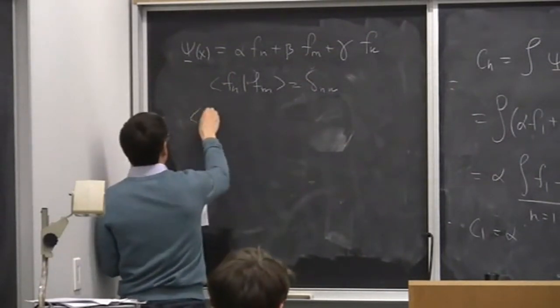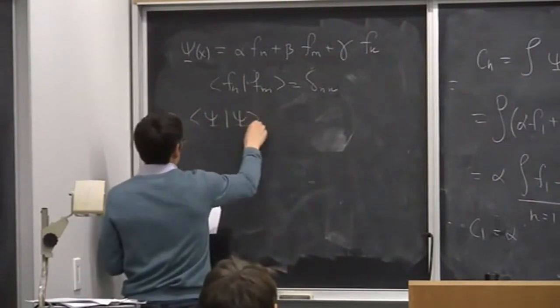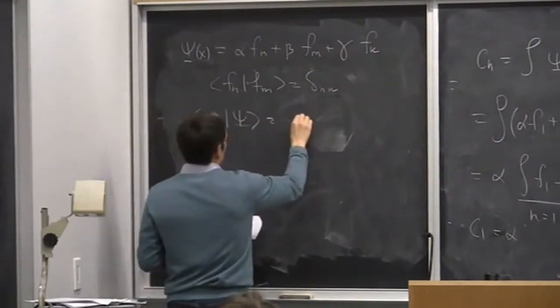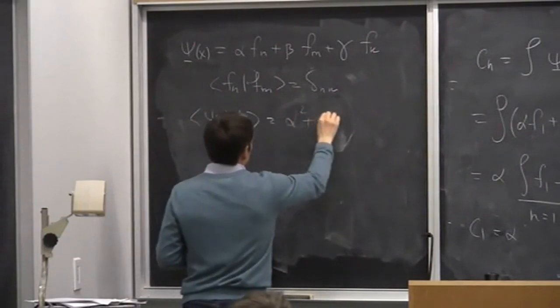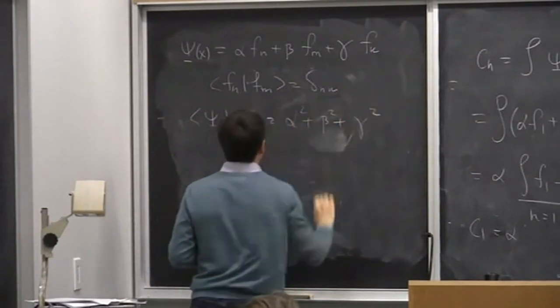Then the norm of psi will be just alpha squared plus beta squared plus gamma squared, right?